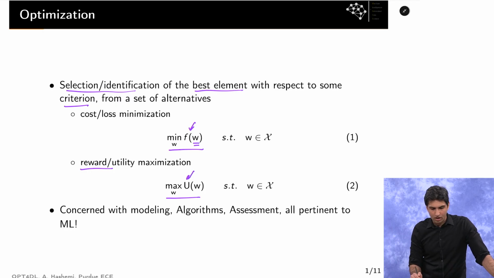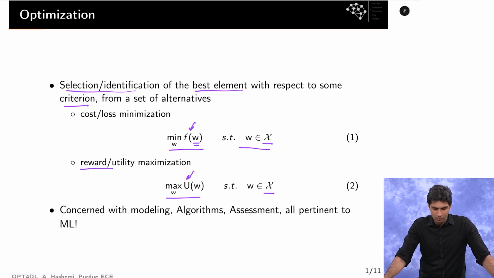w is essentially our decision variable that we are optimizing over, and x here is essentially our set of alternatives. So this constraint that says w must belong to x means that the solution we find should satisfy certain constraints in order to be feasible.